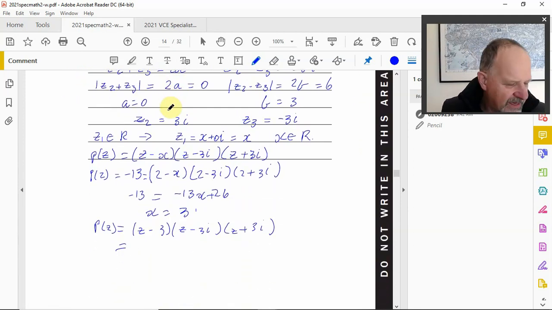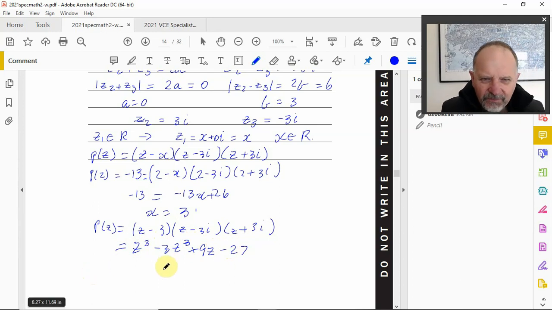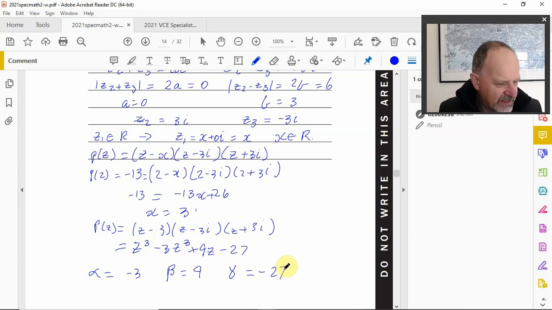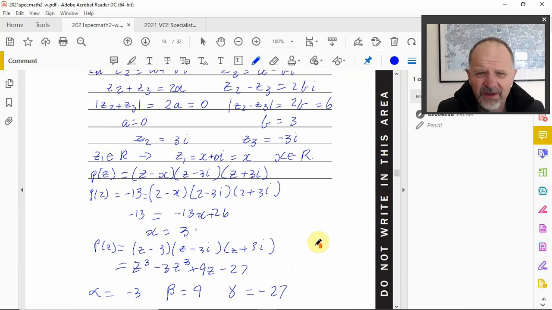All right, so again, get your calculator out and expand. Okay, you need to be efficient with your time. z cubed minus 3z squared plus 9z minus 27. All right, so that means then alpha is negative 3, beta is 9, and gamma is negative 27. All right, so a bit to be involved with there.